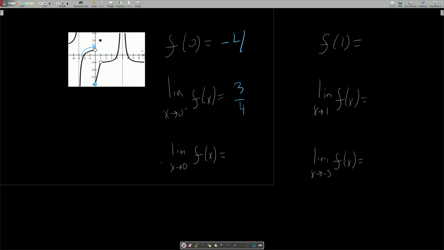Now this is asking for the limit of f(x) as x approaches 0. As you can see from the left, it approaches about 3/4. From the right, however, it approaches -4. Since they're not equal, that means this limit does not exist.